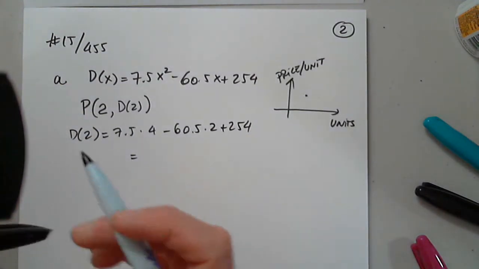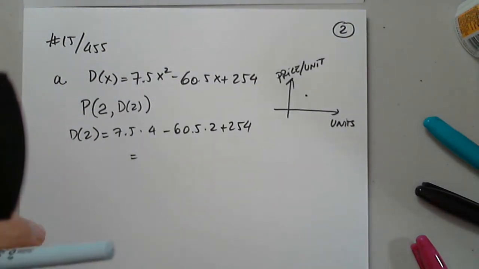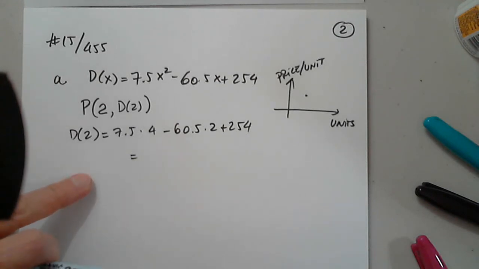So let's see what that is. I have my calculator ready. Okay, so 7.5 times 4, minus 60.5 times 2, and plus 254.